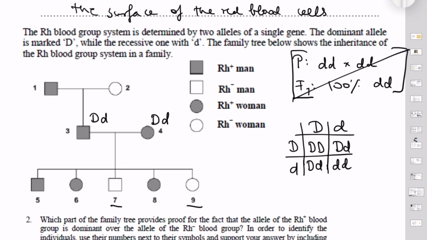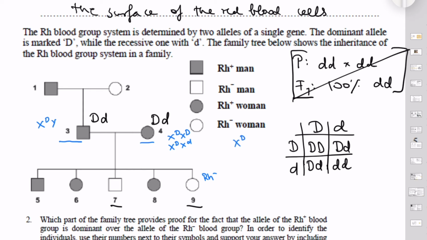If the trait was X-linked, then this male would be the following, and the Rh positive mom would have either this genotype or this one. And if you know how to calculate the offspring ratios, basically you can conclude that it's impossible to have an Rh negative female offspring here if you have these kind of parents.